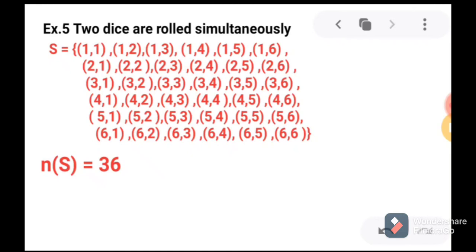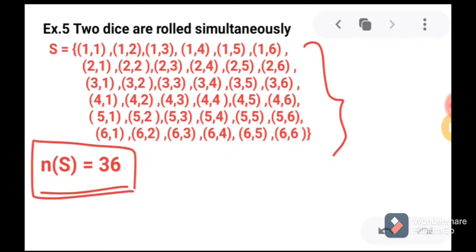We get 1 on the first die and 1 on the second, means 1 1. 1 on the first die, 2 on the second; 1 on the first, 3 on the second; like this up to 1 6. Then 2 on the first and 1 on the second, 2 1, then 2 2. In this way there are 36 sample points in this random experiment of rolling two dice.